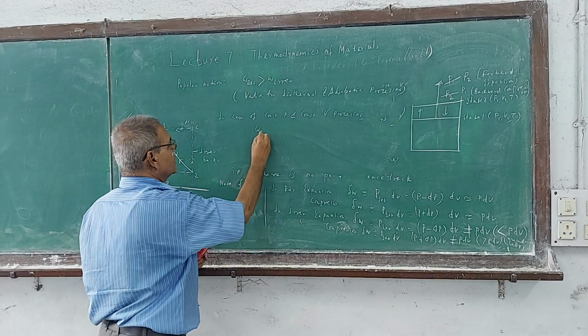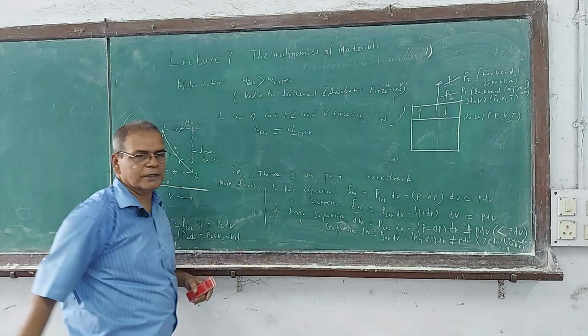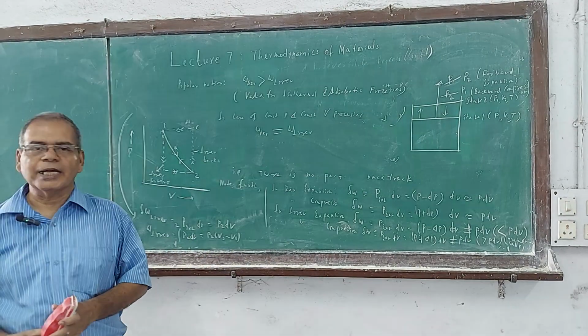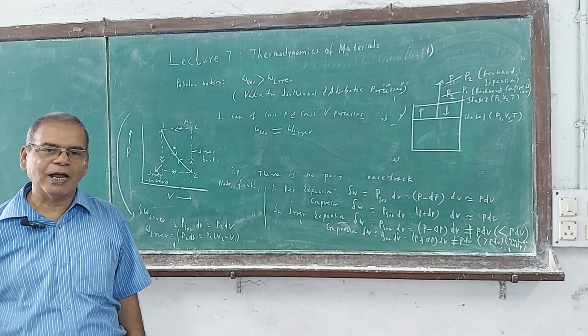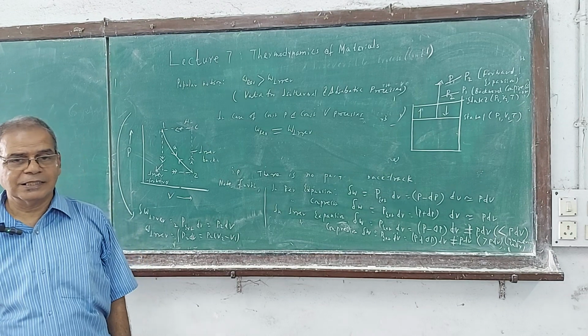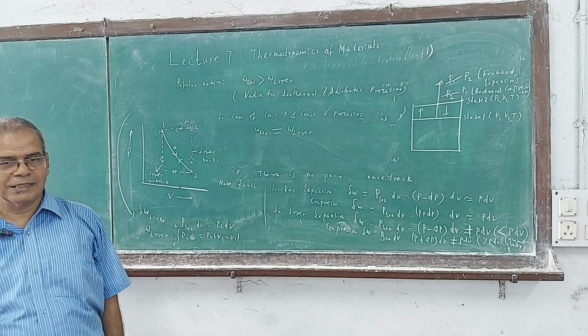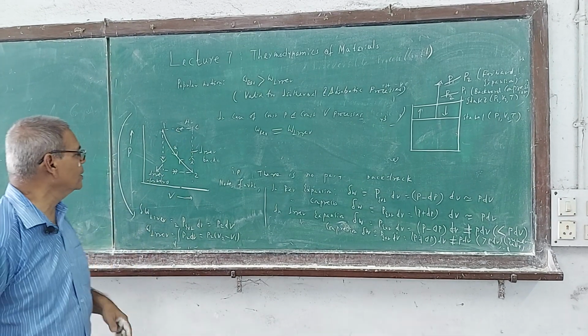W reversible is not greater, rather equal to. You note this important point, that reversible work is not necessarily greater, sometimes equal. This I will show you. You note this point.